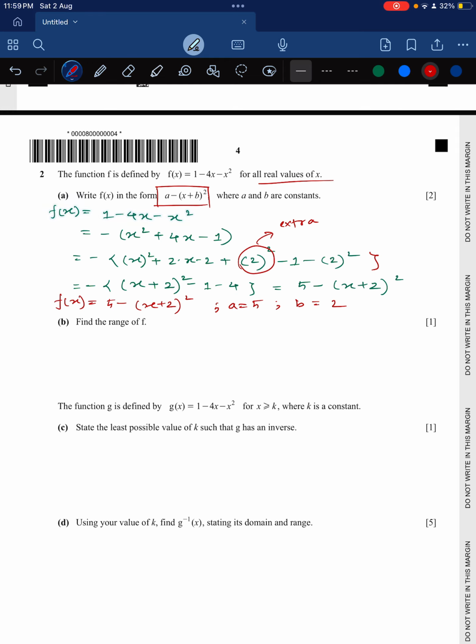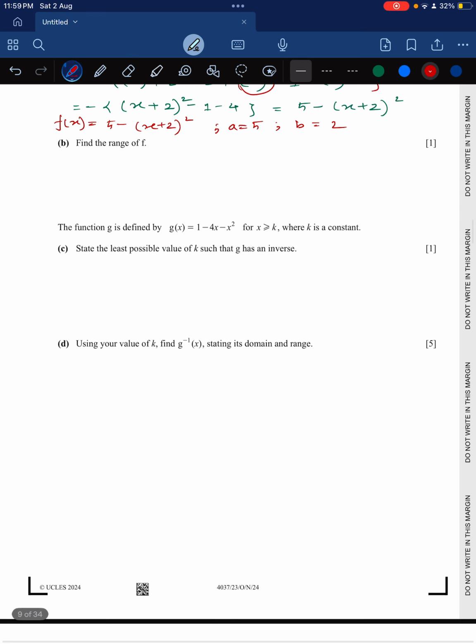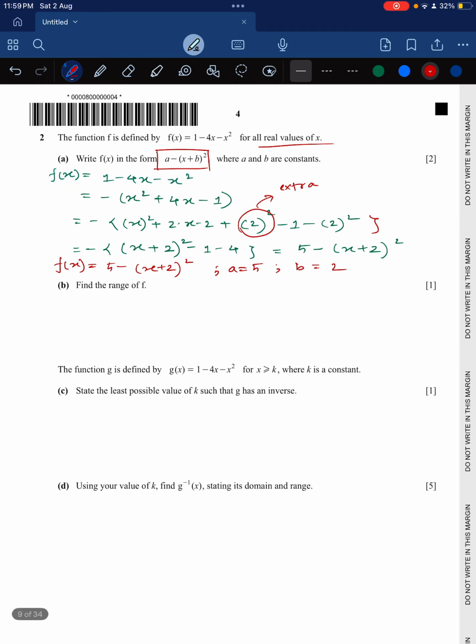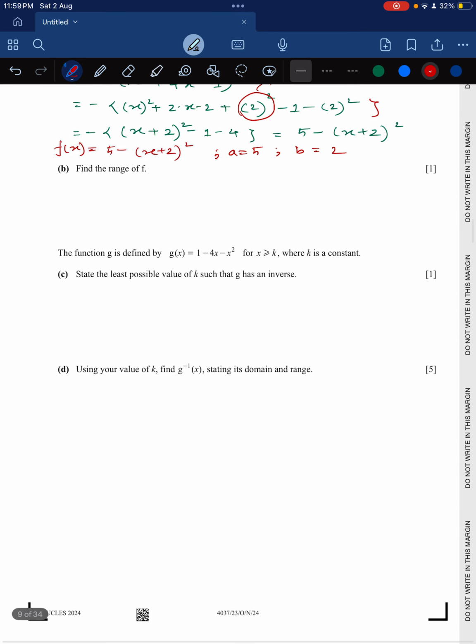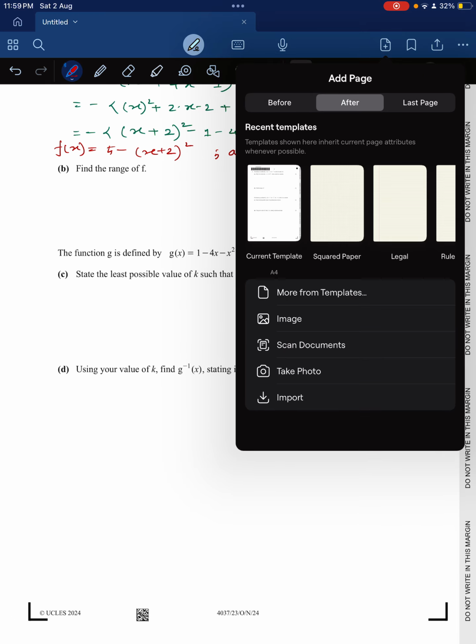Okay. Okay, now we have to find the range of f. Okay, I'm just adding a page here so that I can do the whole math in detail form.